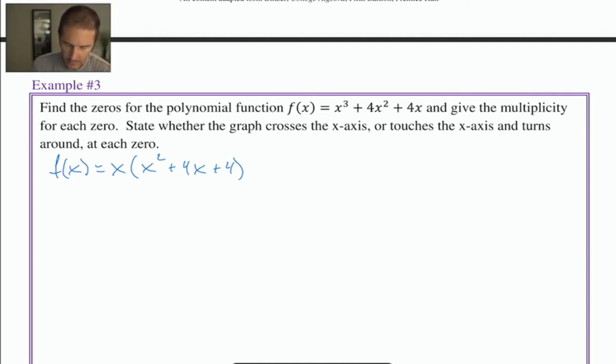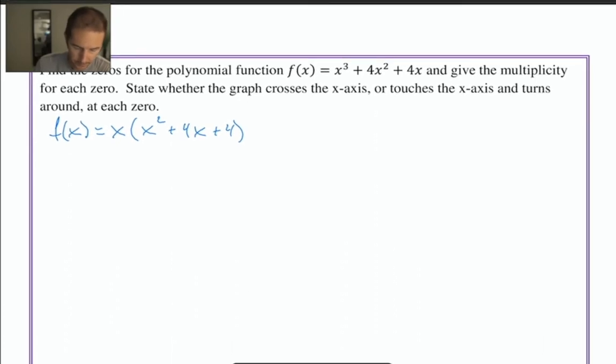And then let's factor it further. Let's work our way down the page. It turns out that x squared plus 4x plus 4 factors into x plus 2 times x plus 2. So I've written it as x plus 2 quantity squared.